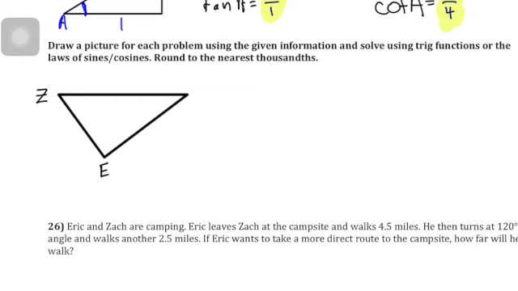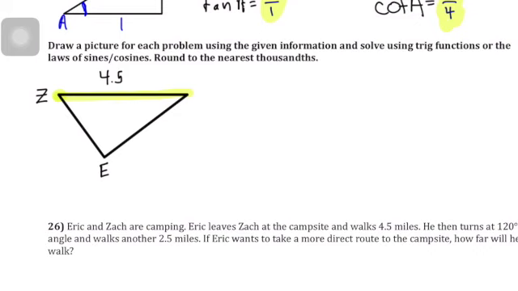Okay, so Eric and Zach are camping. Eric is going to leave Zach. So let's just say they're going to start right about here. He's going to walk away from Zach for about 4.5 miles. Then he's going to turn 120 degrees.